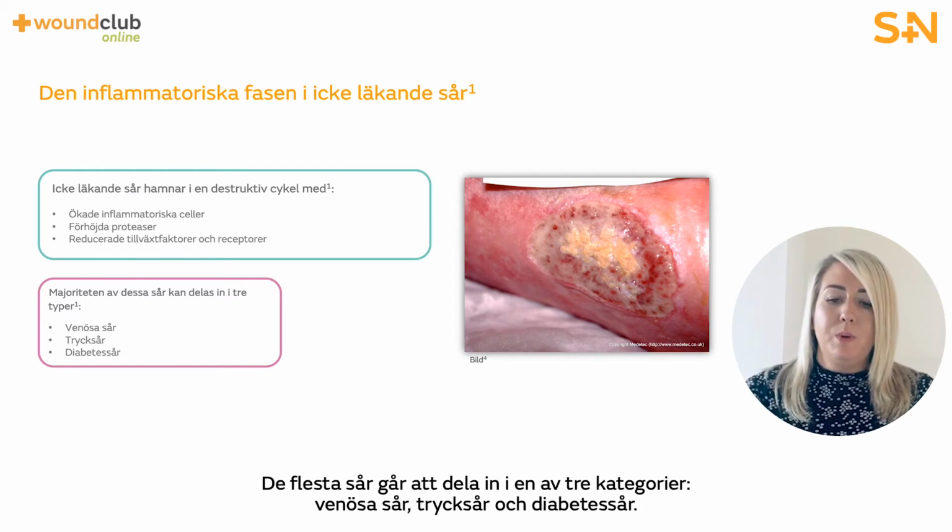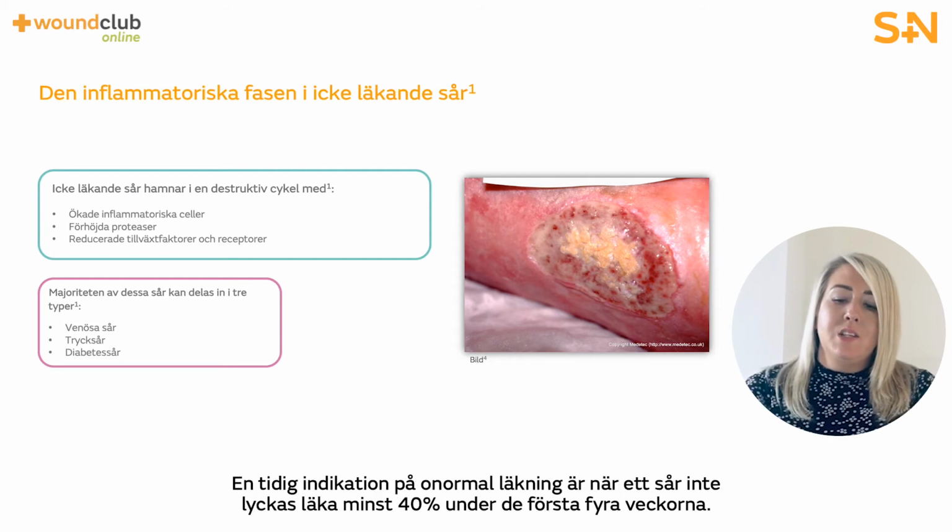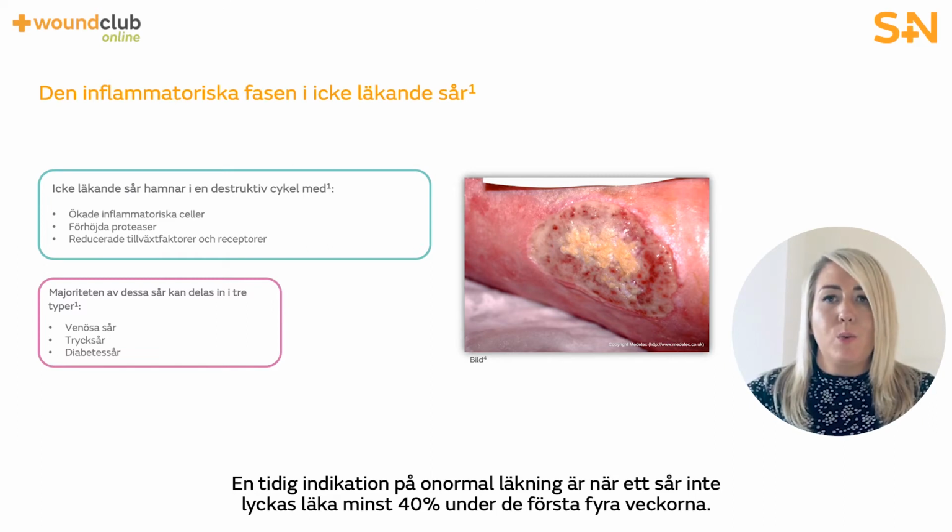The majority of wounds often fall into 3 wound categories: venous leg ulcers, pressure ulcers, and diabetic foot ulcers. An early indication of abnormal healing is when a wound fails to heal by at least 40% within the first 4 weeks.